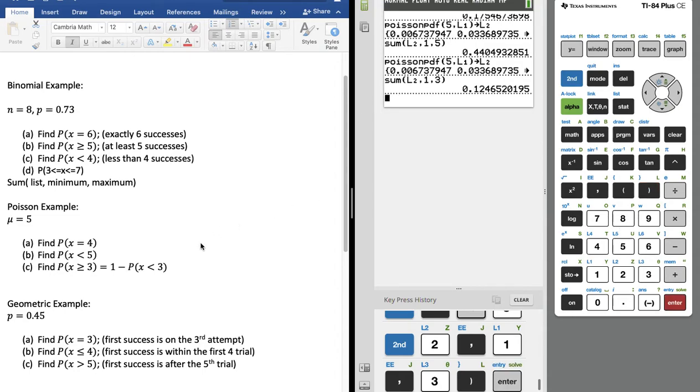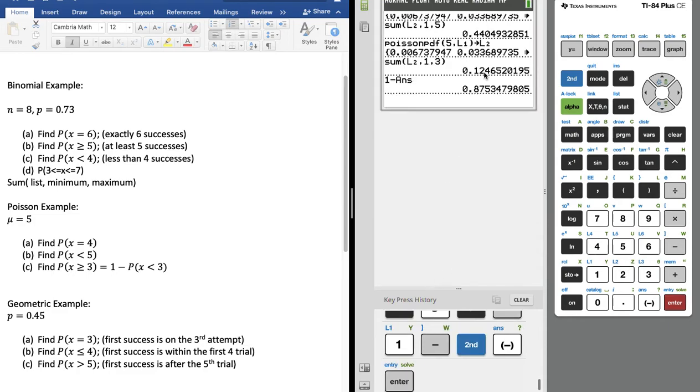Okay, so the complement is about 12.5%. So to find the actual value, we just need to subtract that from 1. So I'm going to say 1 minus second negative. So that subtracts the answer. And so the probability is about 87.5%.